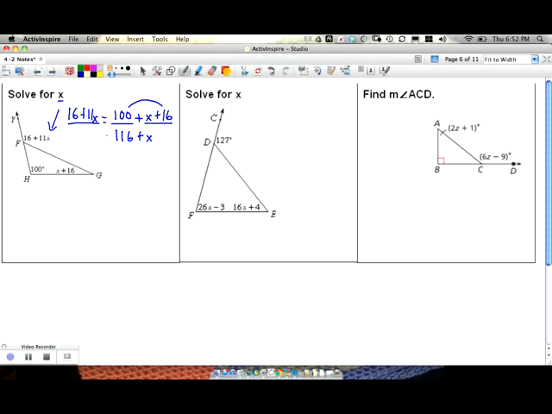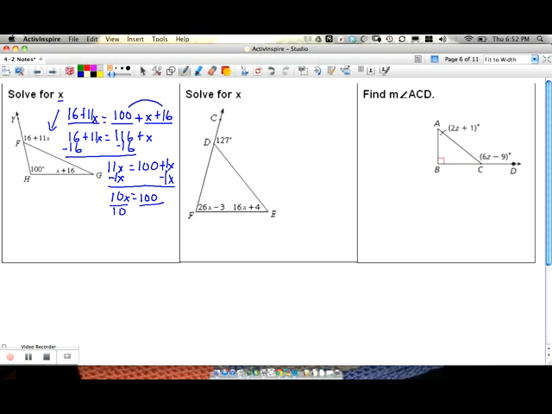Then I'll have 11x equals 100 plus x. So I'm going to subtract this 1x from both sides. That's going to give me 10x, because that's really just a 1x, equals 100. Divide by 10. X equals 10. Check. That was awesome. Pretty easy there. Let's do another one.